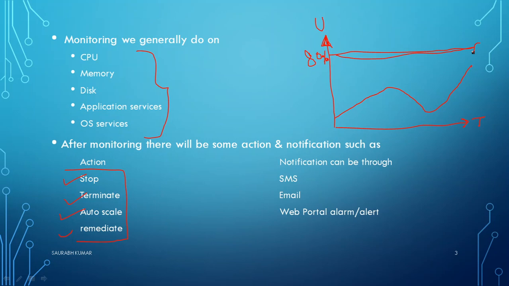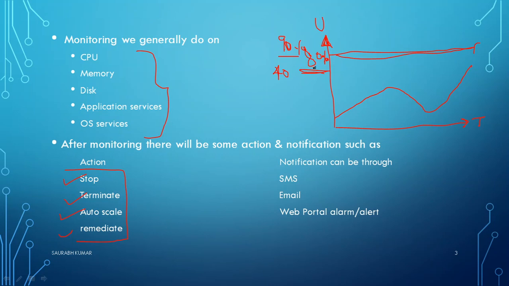Threshold is some value which you set, and this value can differ according to the company, according to their requirement, according to the services they are running. So maybe some company can set 80%, some company can set even 40%, some company can set 90%.